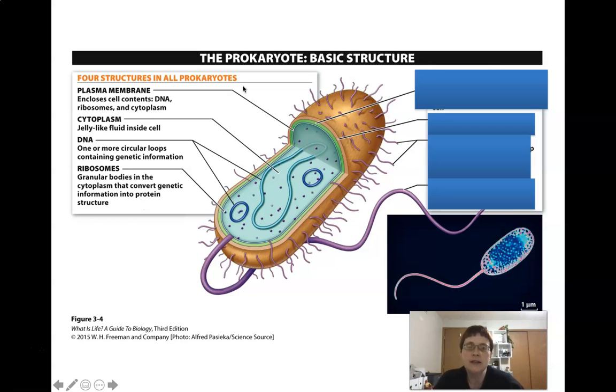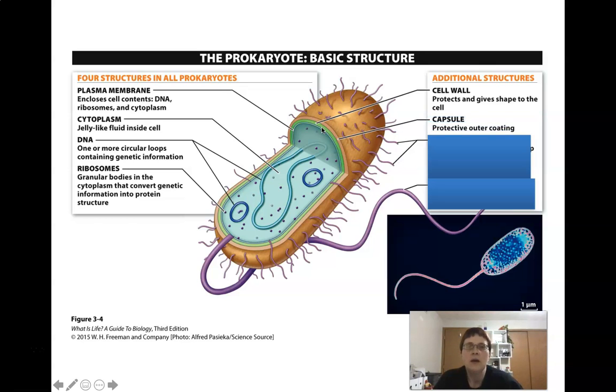Let's take a look at some of the add-on features that some of the prokaryotes can have. Some of them can add on a cell wall, that's the green layer here, that will protect and give them some shape, as well as a capsule. The capsule, that's the brown section, is another protective outer coating. They can add these outer layers to give them extra protection from the environment, from attackers, whatever it might be.